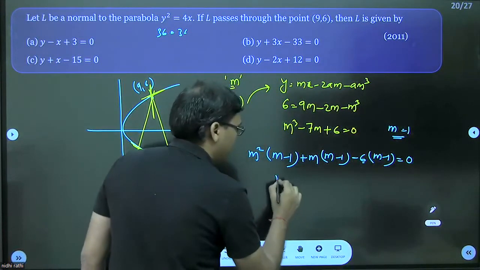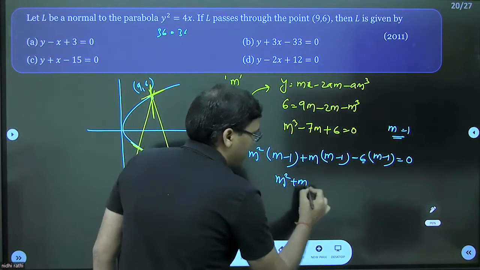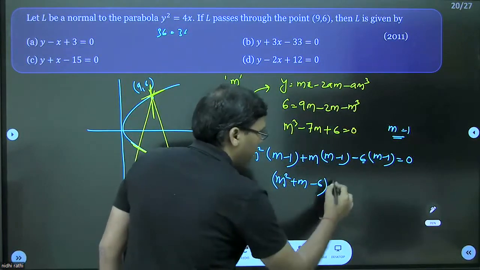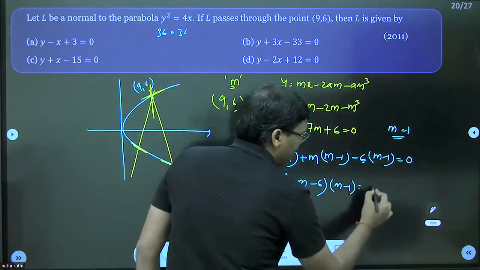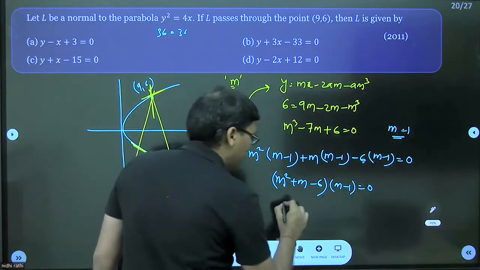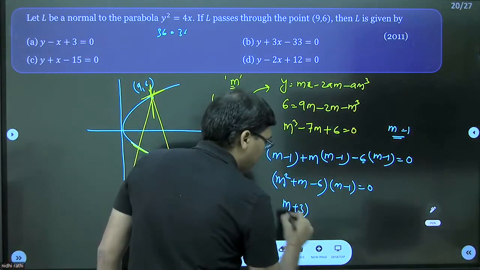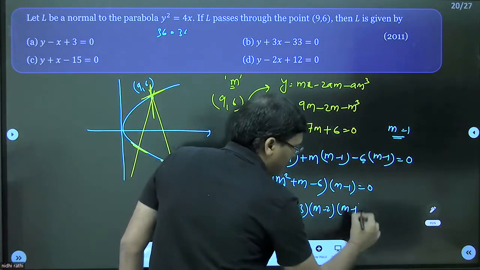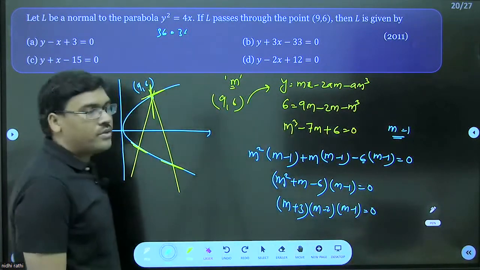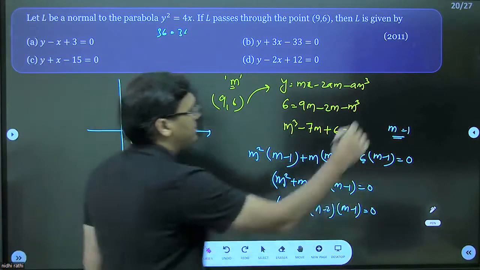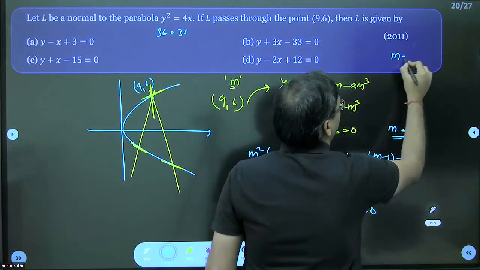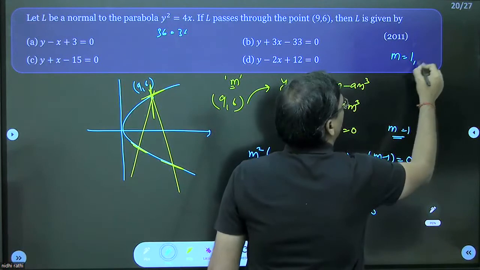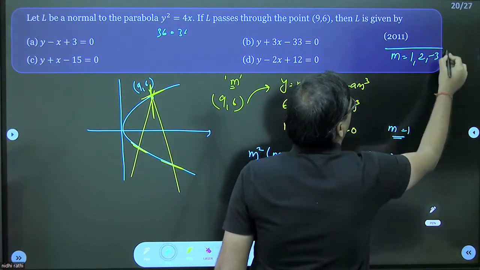So what is this? This is m square plus m minus 6 into m minus 1 equal to 0. And now we can see this is m plus 3 into m minus 2 into m minus 1 equal to 0. So what are the values of m? You can see here m is equal to 1, 2 and minus 3.